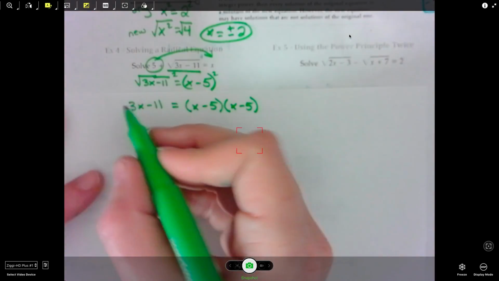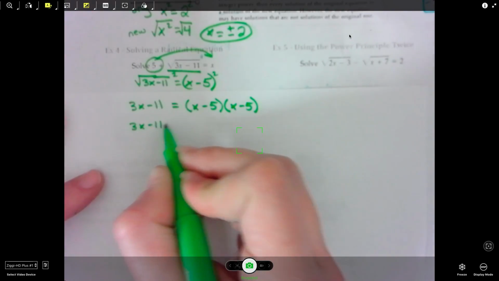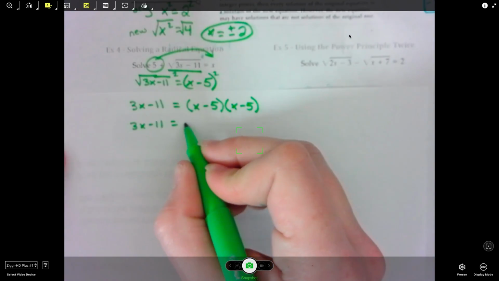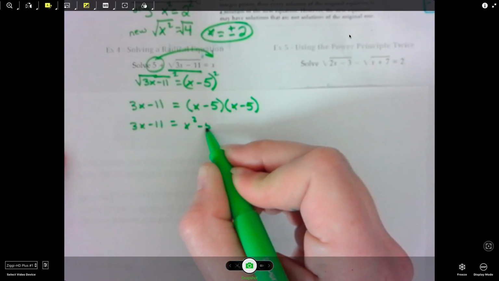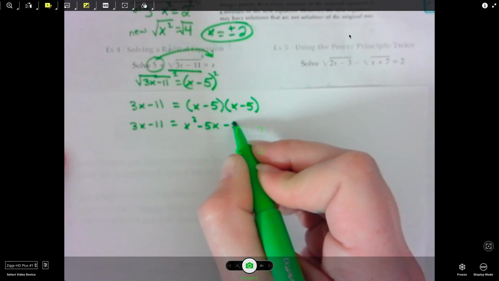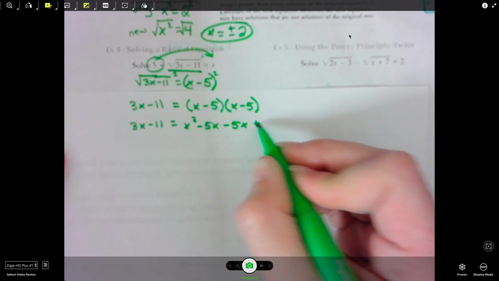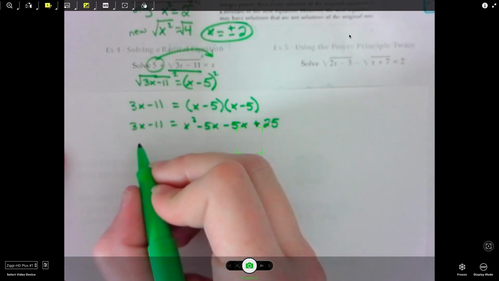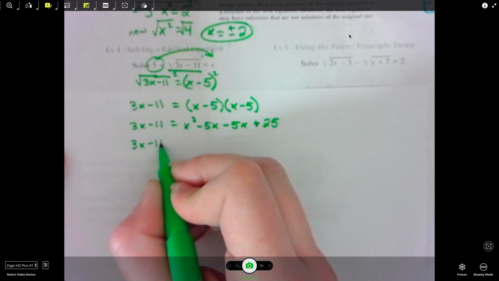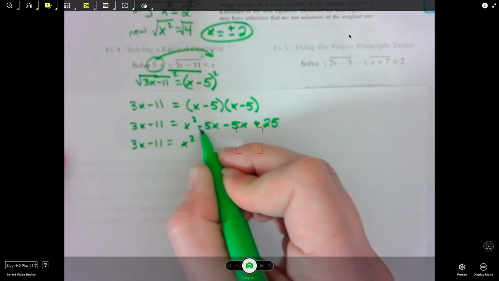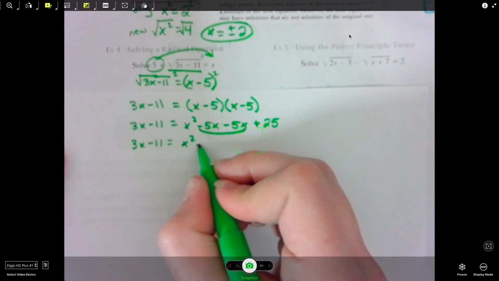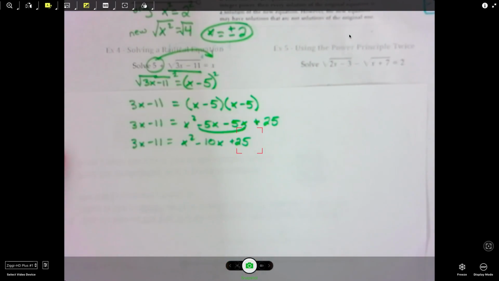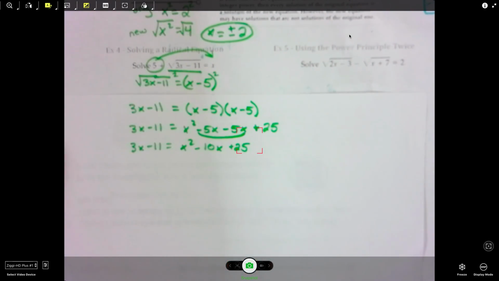Okay, 3x minus 11 is going to stay the same, but x minus 5 times x minus 5, if you FOIL, will be x squared minus 5x minus another 5x plus 25. Okay, so 3x minus 11 will equal x squared, if I put these middle two pieces together, minus 10x plus 25. Okay? If I'm writing too fast or going through this too fast, feel free to pause.